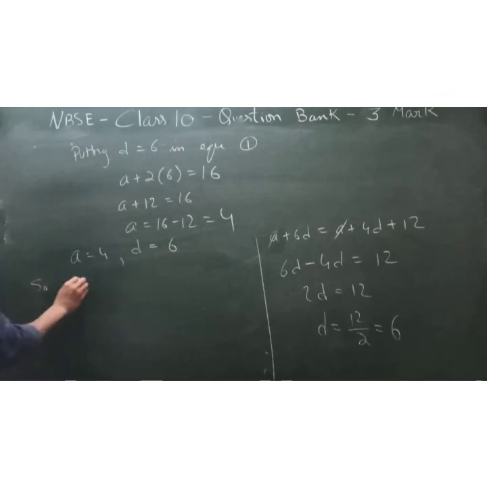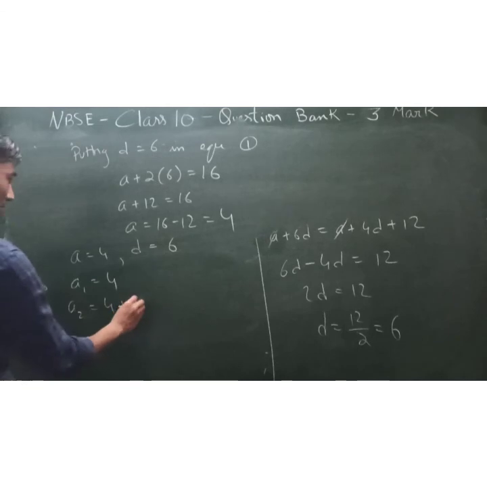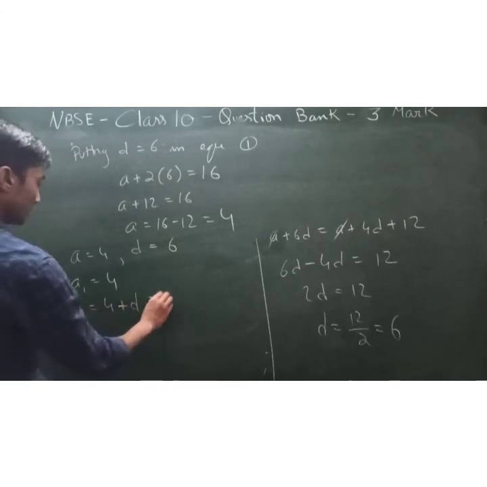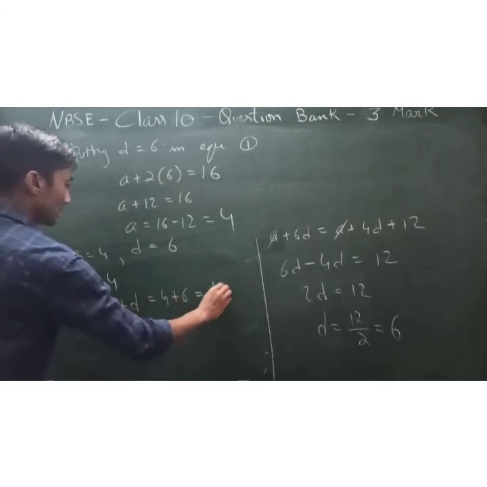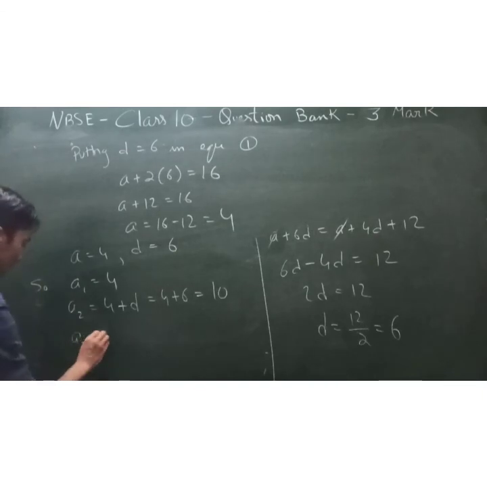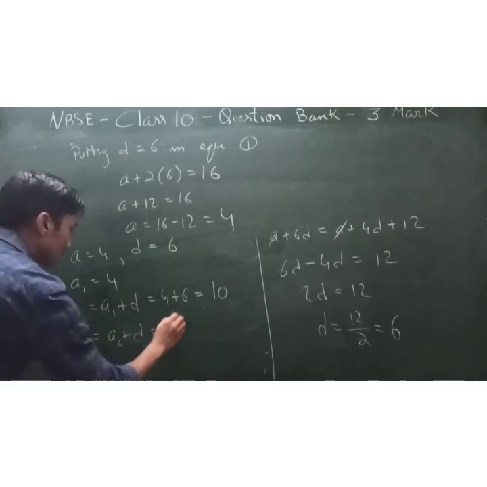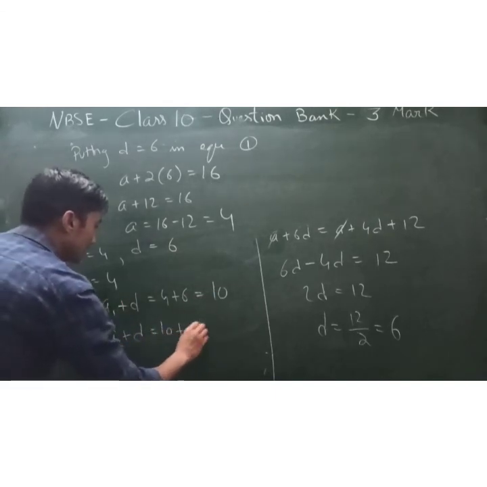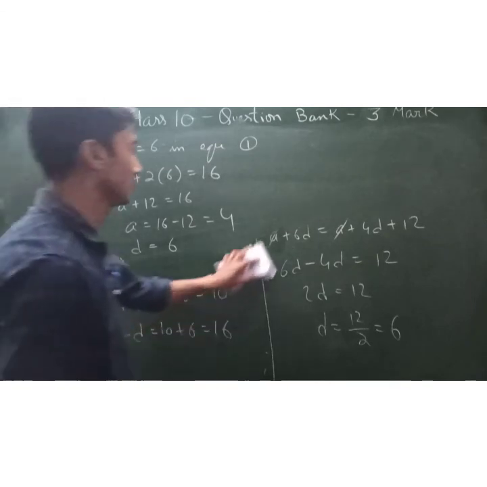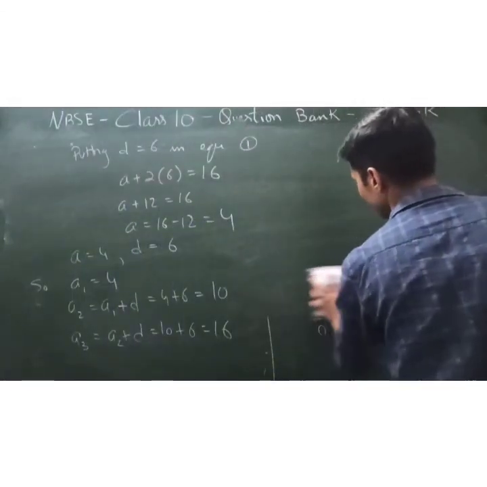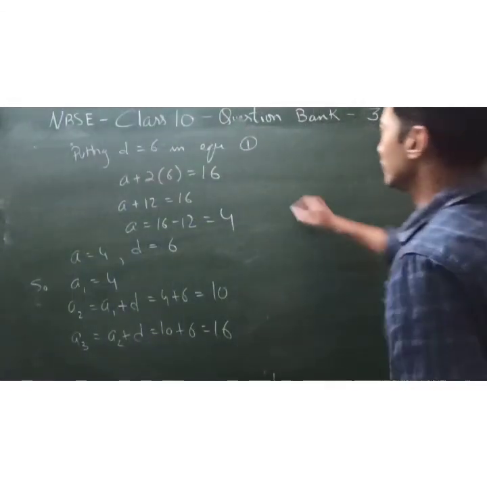So what is our first term? 4. Second term, 4 plus common difference, that is 4 plus 6, that is 10. Third term is second term plus common difference. Second term is 10, common difference is 6, that is 10 plus 6, that is again 16.